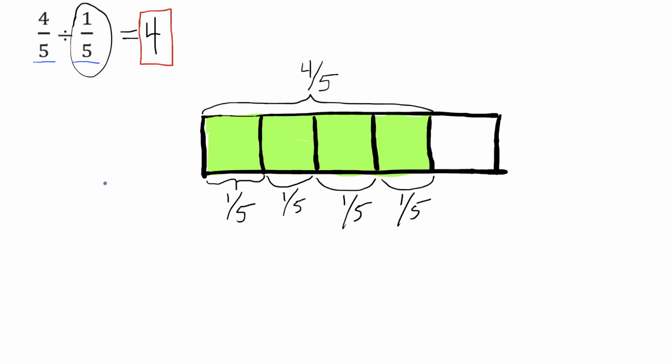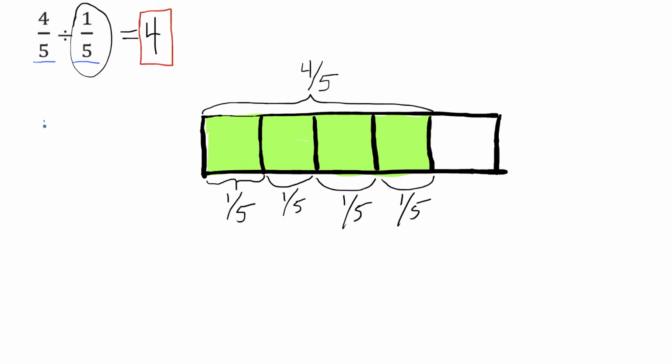Now you can also think about this when you're looking at 4/5 divided by 1/5. You're saying that it's 4 of this thing called fifths, right? That's one of these boxes that I've colored green is a 5th. There are 4 of them, and I am dividing by 1 of them. So how many times does 1 of these 5ths go into 4 of them? Well, 4 times. There are 4 of them, so 1 of them fits inside of 4 of them 4 times.